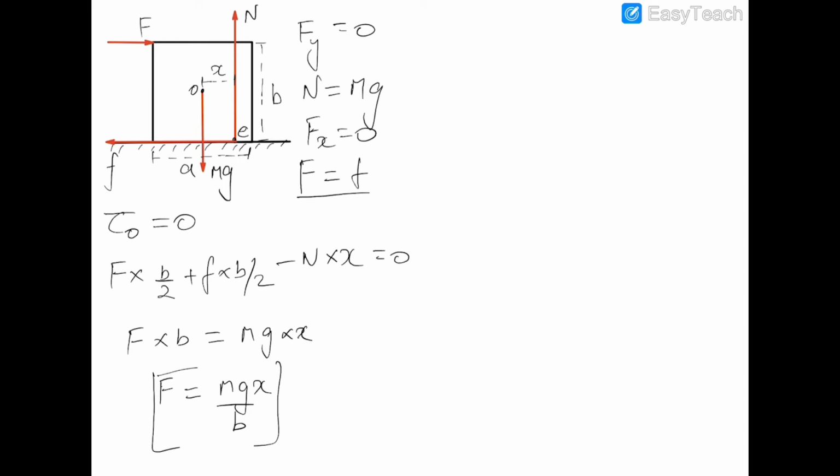Now if we wish to find out the maximum value of F for which this block will not topple, F max can be calculated by substituting the value of x max.